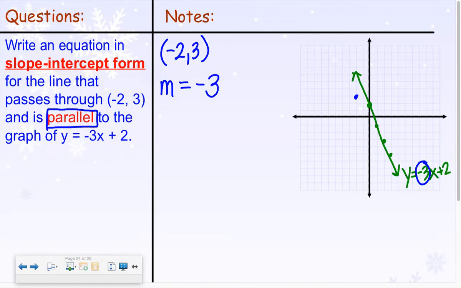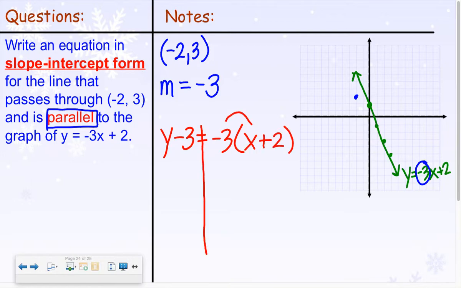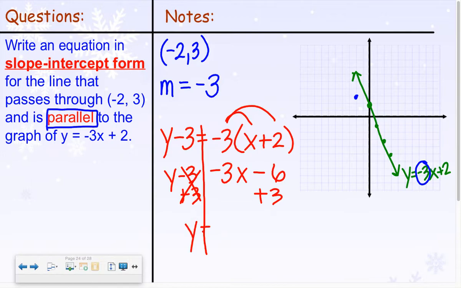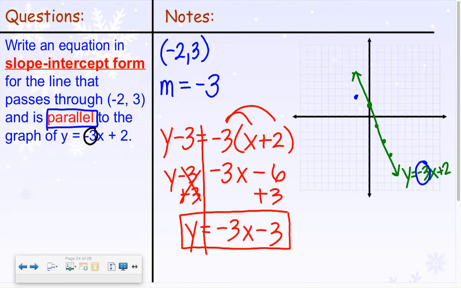Let's take our point and our slope and put it in point slope form. And then we can solve it to get it into slope intercept form. So we have y equals negative 3x minus 3. Check and see, are our slopes the same? Yes. Negative 3 in my original line, negative 3 in my new line.